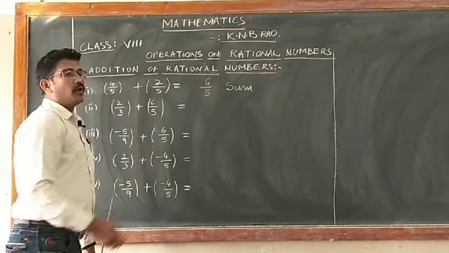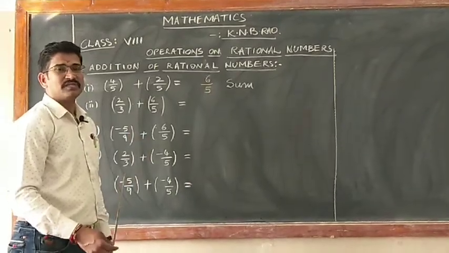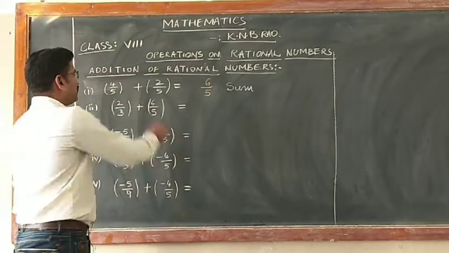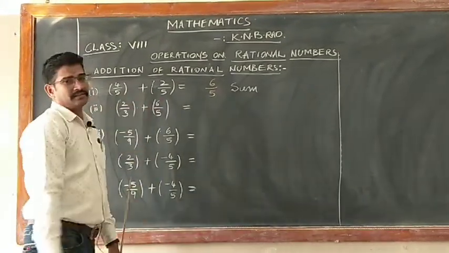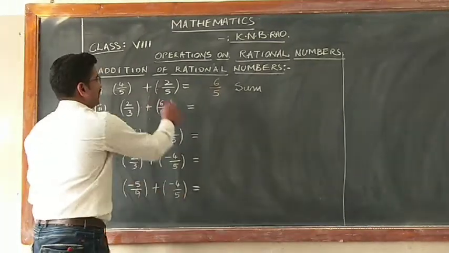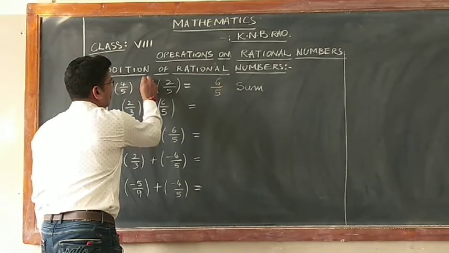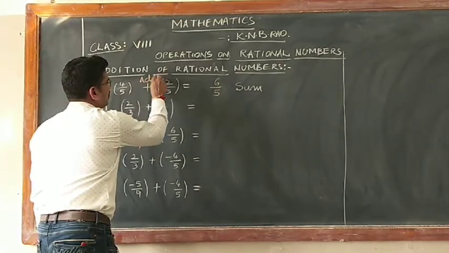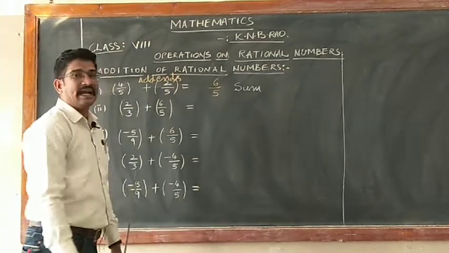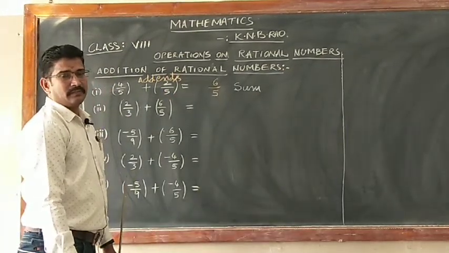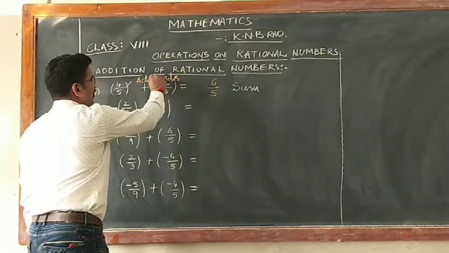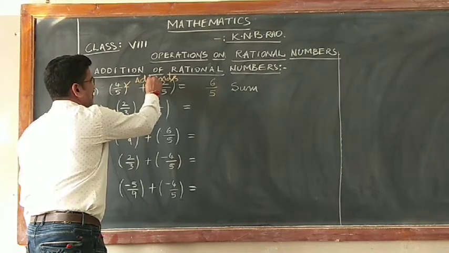And what do we call the numbers which are getting added? The numbers which are getting added in the addition are called addends. Addends, spelling A-D-D-E-N-D-S. So, both 4/5 and 2/5 are called addends.